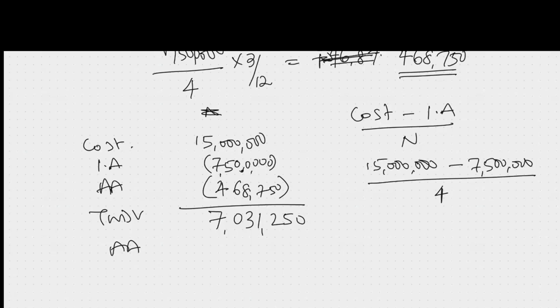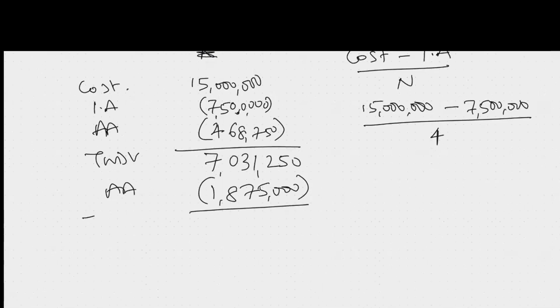1,875,000 naira. So give me the tax written down value. What do you have? 5,156,250.